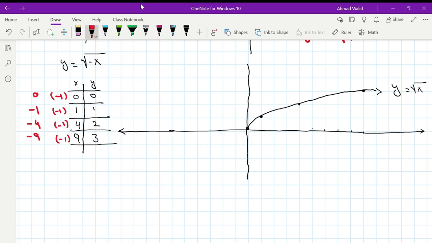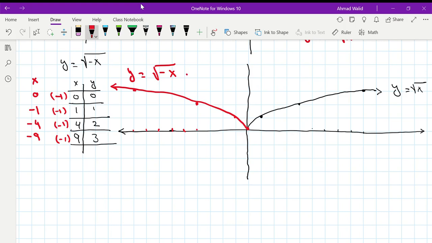Use the new x and old y, correct? 0, 0, -1 and 1, which is this point, -4 and 2, which is this point, -9 and 3, this point. And if you connect these points, this is the graph of y equals square root of -x.